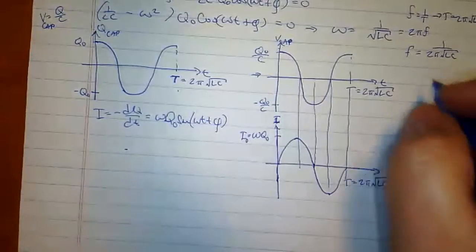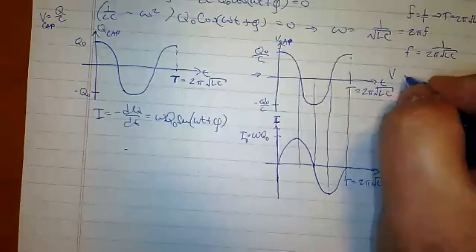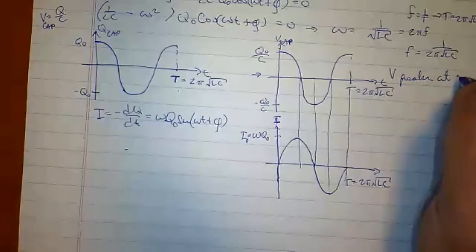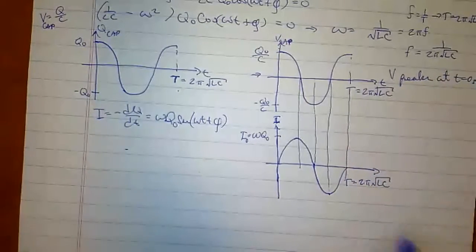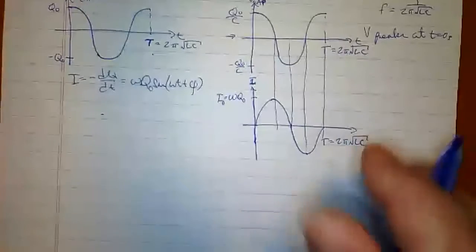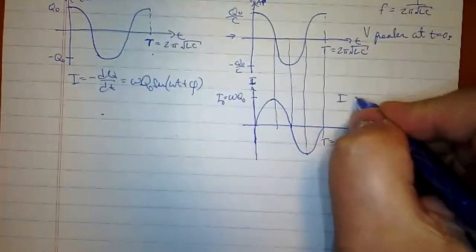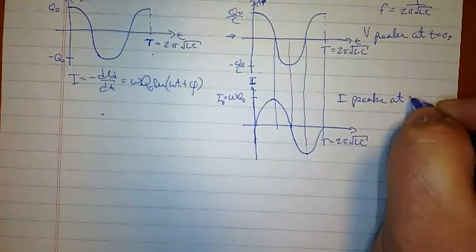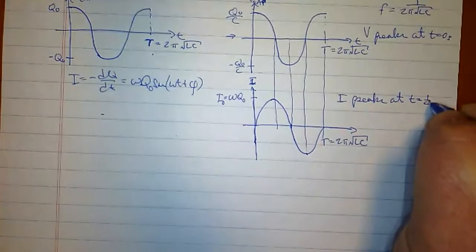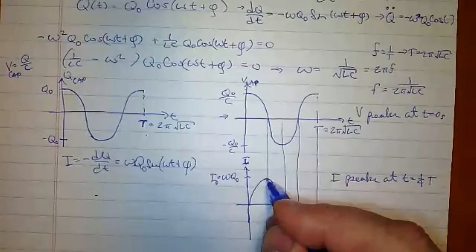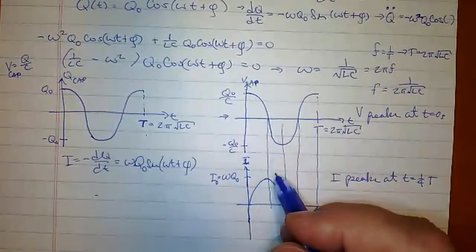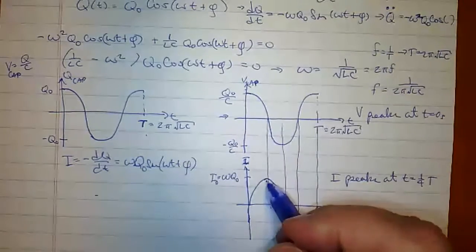And what we say is V peaks at t equals 0 seconds. But here we say I peaks at t equals 1/4 the period. So this one peaks, and then you got to wait some time, and this one peaks.